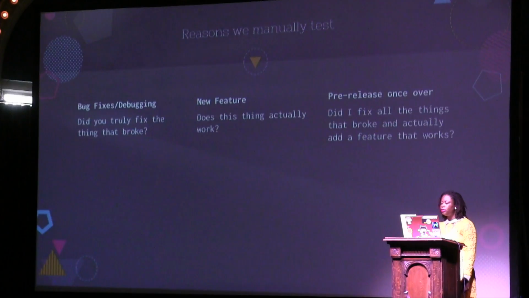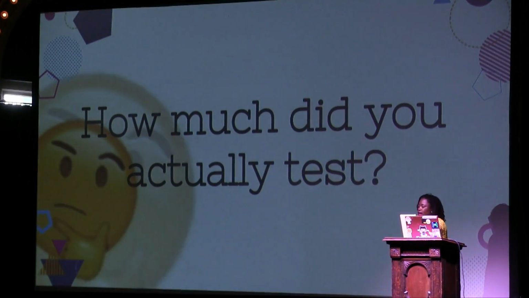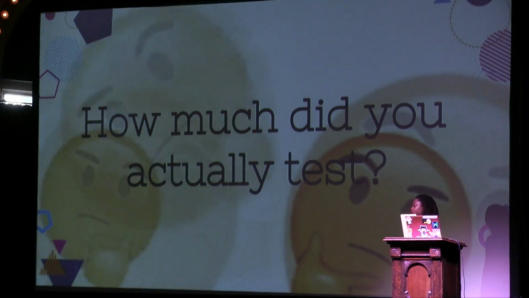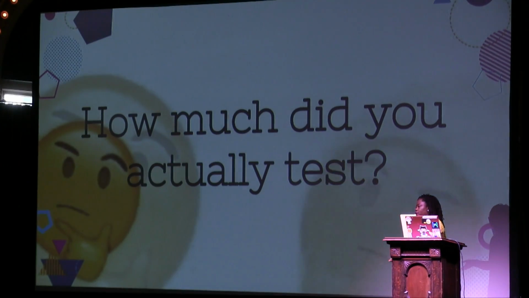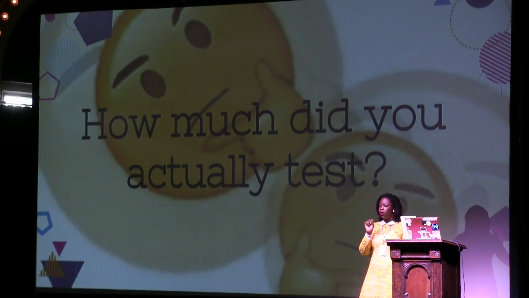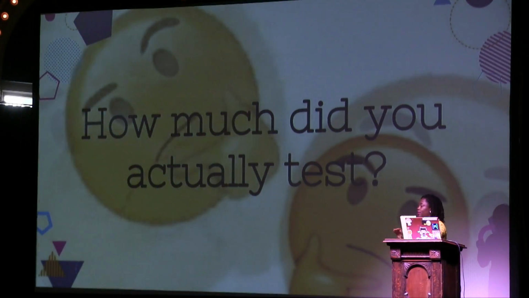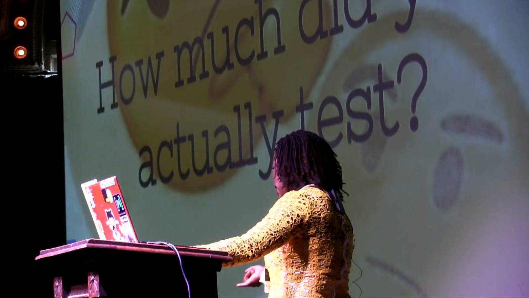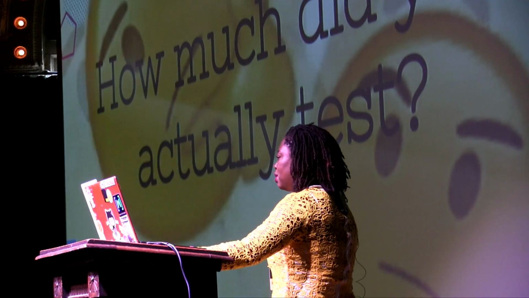So how extensive is that manual testing? The three scenarios that I just gave you, the thing that's common between all of them is that you have a laser-focused goal in mind when you're manually testing. You just want to see that the thing is actually broken, or that it works, that's the main thing.